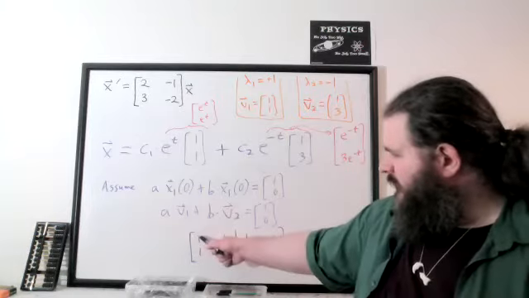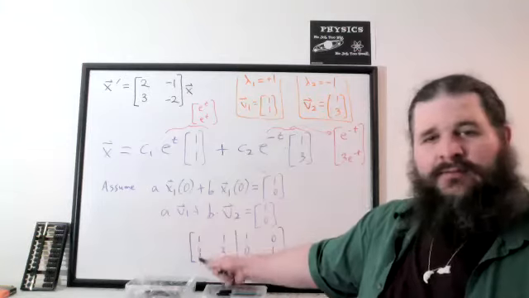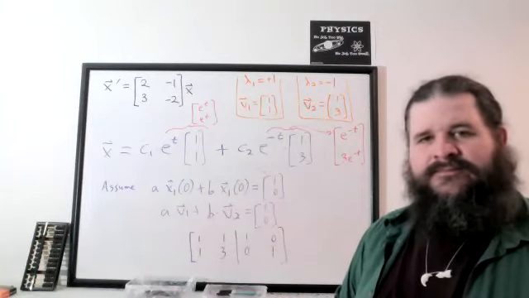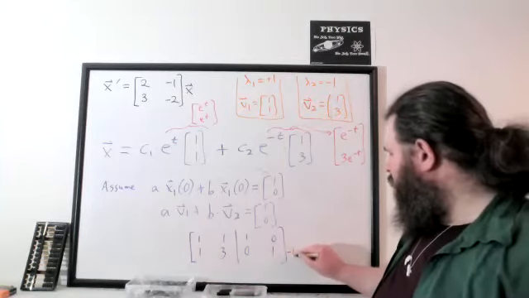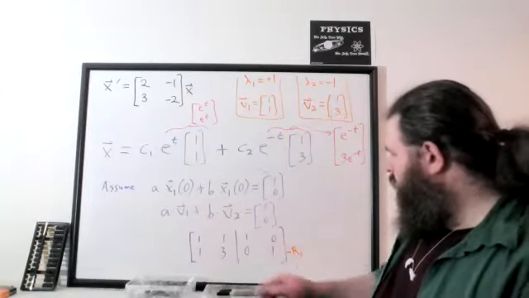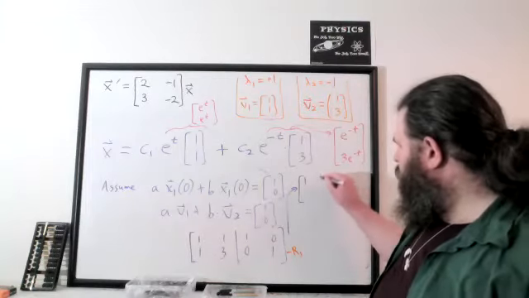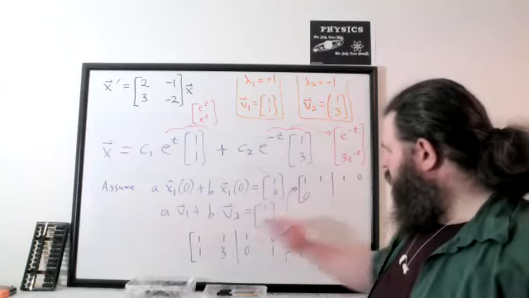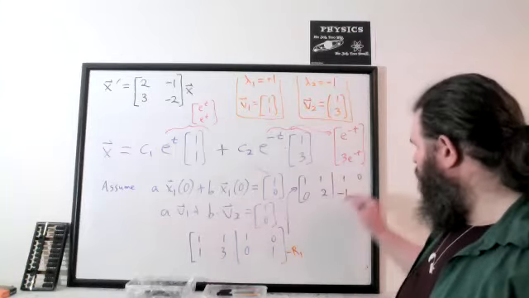I'm noticing this pivot here is not alone in its column. How could we use this to get rid of the 1 under it? You just subtract it from the second row. Yeah, if we just subtract row 1 from row 2, that's going to give us 1 minus 1, 3 minus 1, 0 minus 1, 1 minus 0.